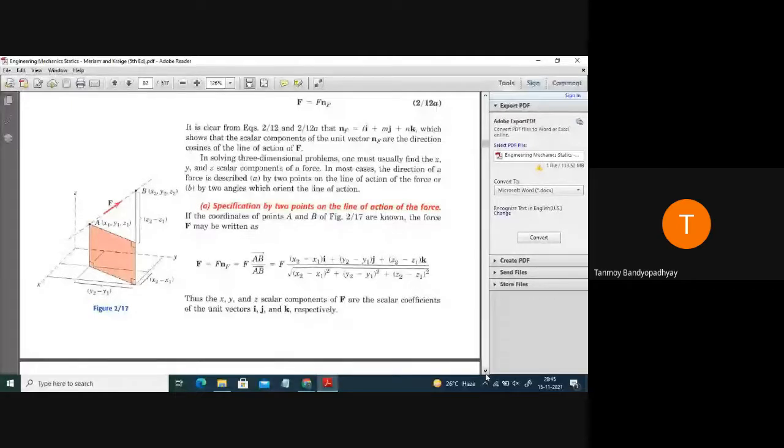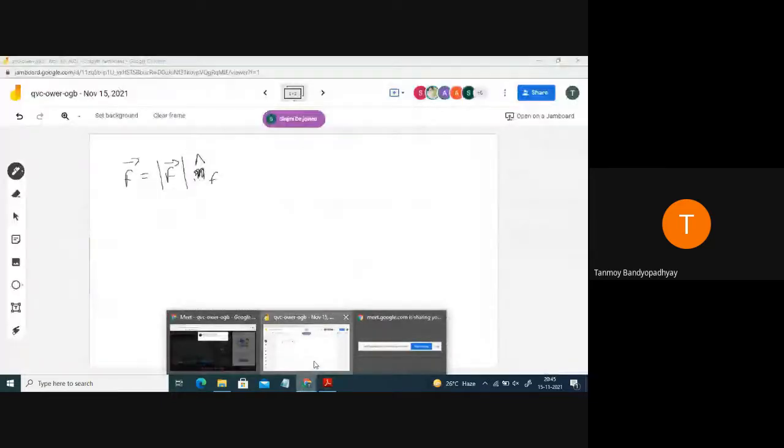If we need to find the force vector, it will be the magnitude of the force times a unit vector in the direction of the force, so the unit vector in the direction AB. We had done this in 2D, and similar things we will be doing in 3D also.